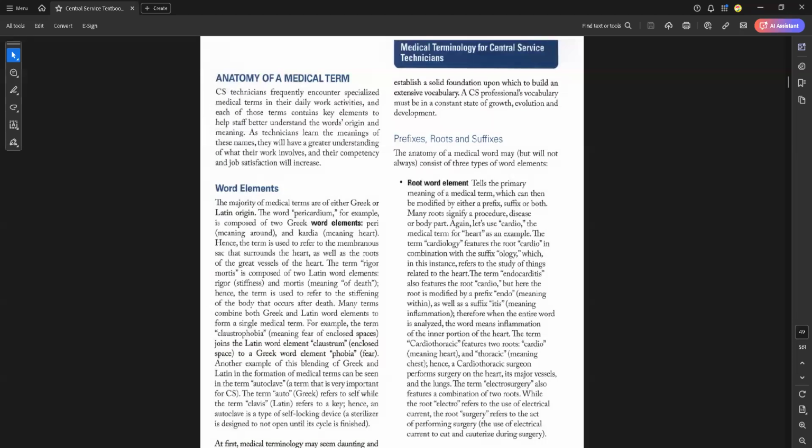So Michael is the root of my name. I'm using my name as an example. The root word element is what we call the primary meaning. It gives the primary meaning, what exactly the word is. For example, Michael.